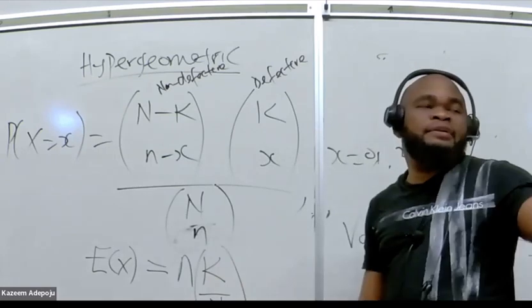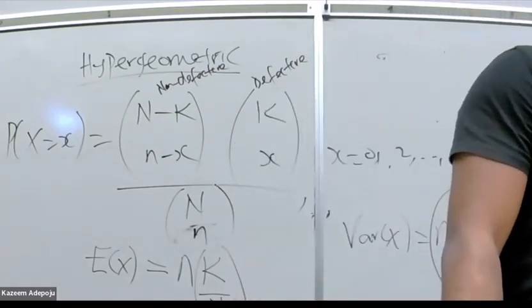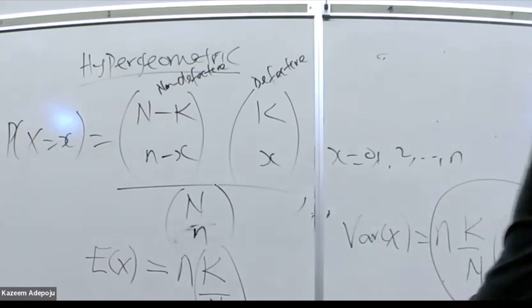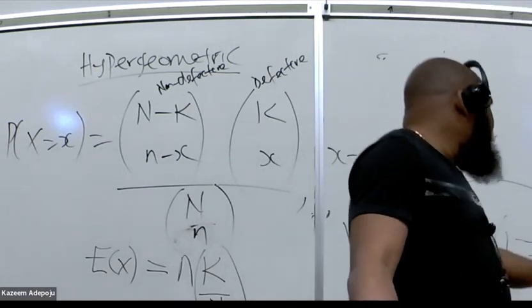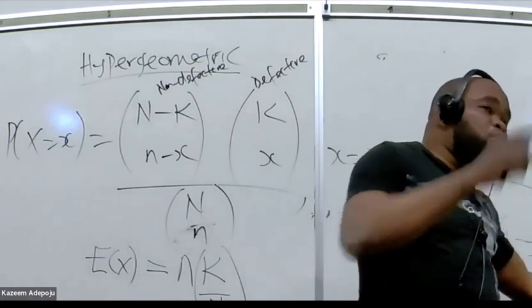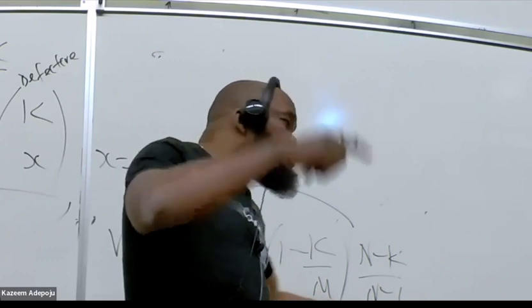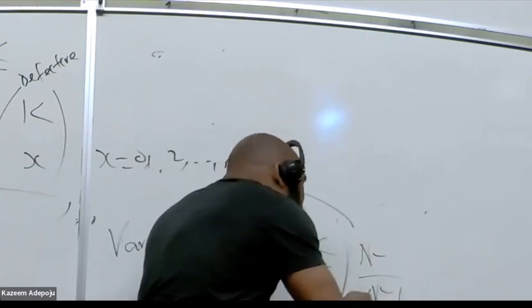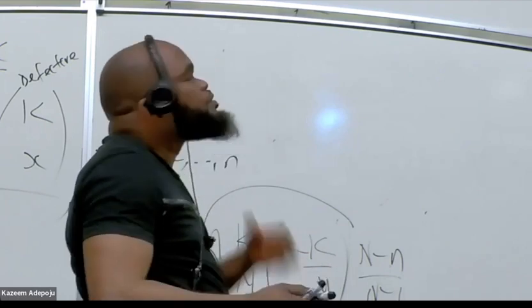Okay, go ahead. Do you see N minus what? Yeah, I said N minus K over N minus 1. So what do you say? Oh, you mean this guy? Oh, let me see.